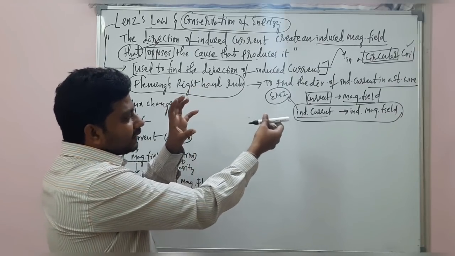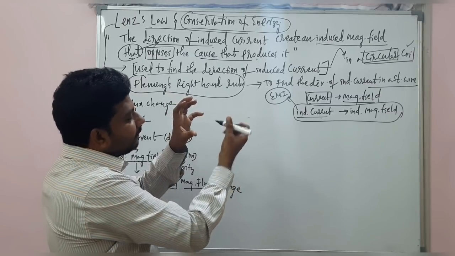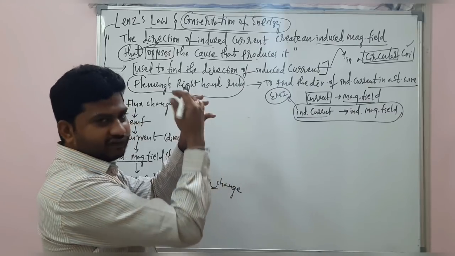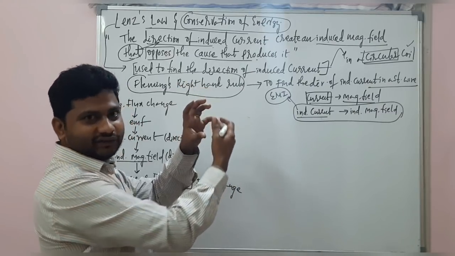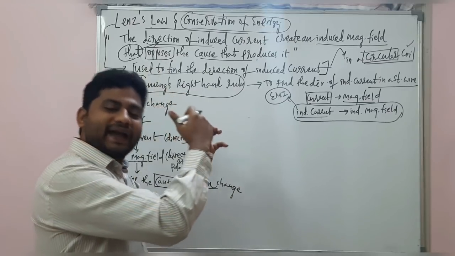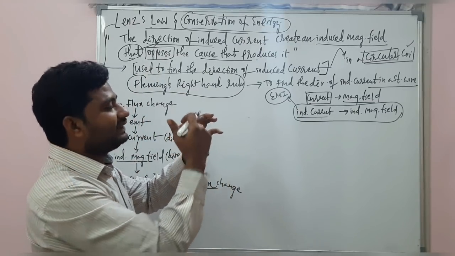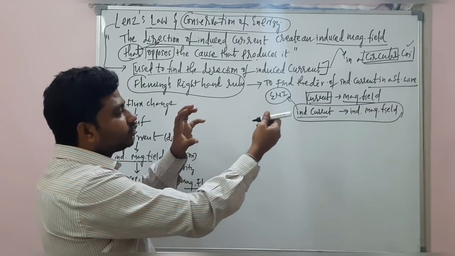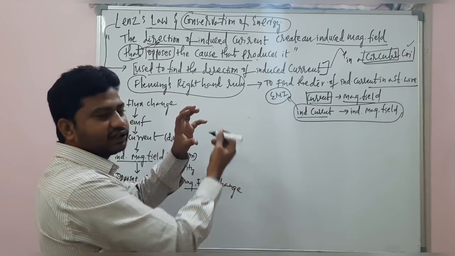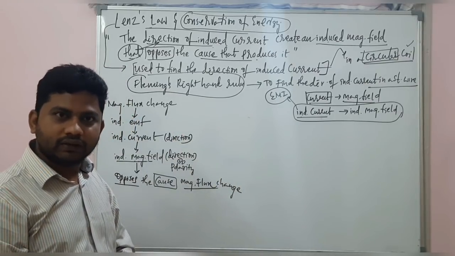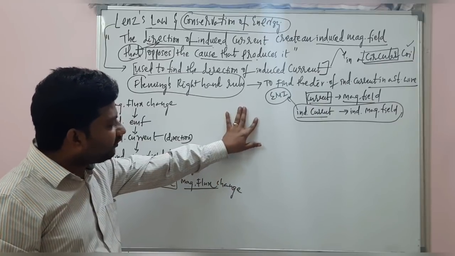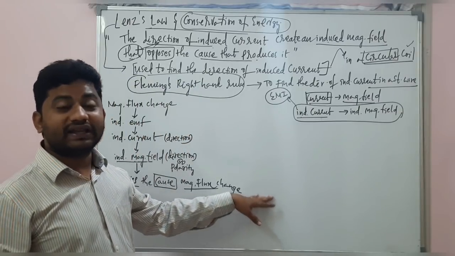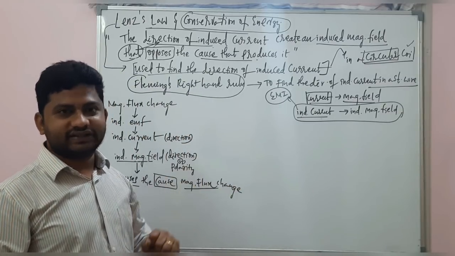So because of the flux change, induced current will be produced in the coil and an induced magnetic field will be produced, and that magnetic field will try to reduce the magnetic flux linked with the coil. If we start understanding with examples and illustrations, you will understand it better.